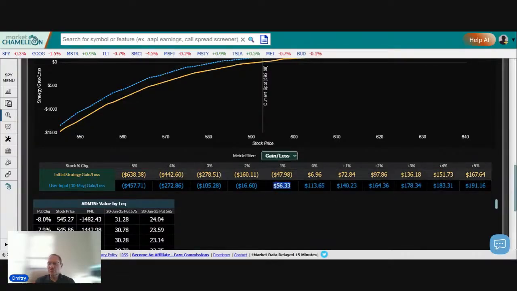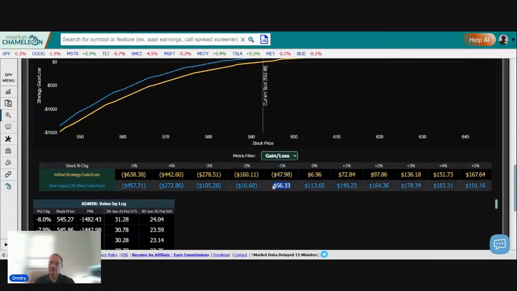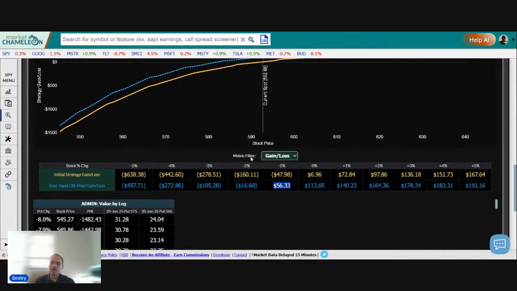On the downside, at 1%, we're still good. Instead of losing $48 on the day, we'd be making $56 in 10 days, even with one vol click moving higher. At 2%, we're losing, not as much as on the day. And you could see here now how sensitive those risk parameters are to the position.